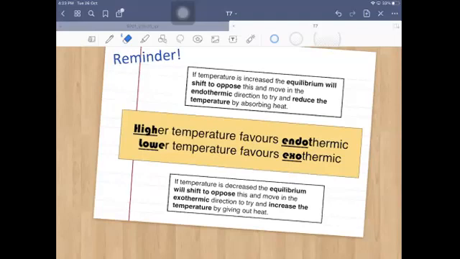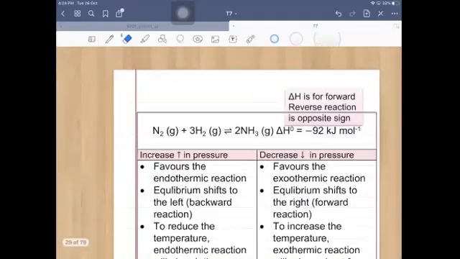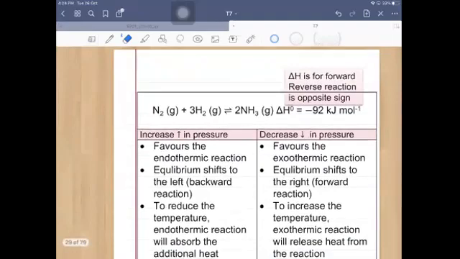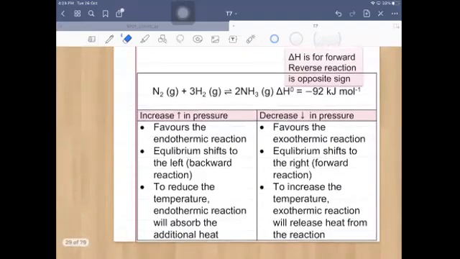So you have to look at your reversible reaction. You have to look at your enthalpy change, delta H. What's the sign? Is it positive or negative? And then only we can talk about the effect. The first system that we're going to look at is the reaction between nitrogen and hydrogen to produce ammonia.